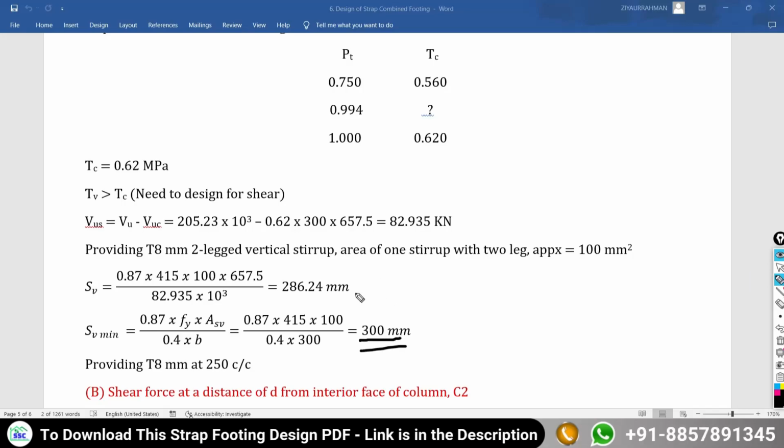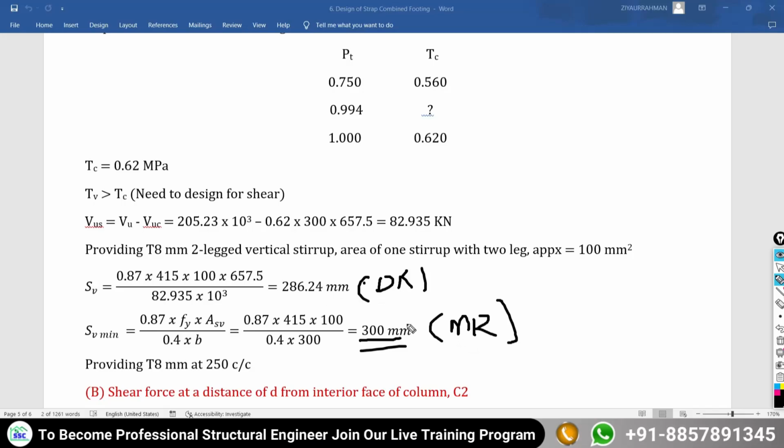Now compare these two, the design requirement and the minimum requirement, and among these two values you have to consider the minimum one. So 286 is the limit beyond which you cannot provide. Beyond 286.24 mm you are not allowed to provide. This is the design requirement. You are not allowed to provide more than this; lower than this will be okay.